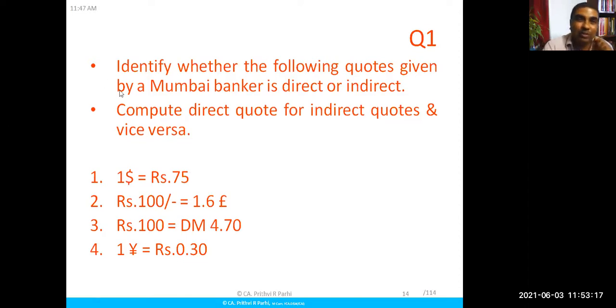Suppose you are going to the market and asking a potato seller what the per kilo price of potato is. Somebody is saying it is 20 rupees, somebody is saying 5 kilos for 100 rupees. You cannot insist on that. That is his style. Someone is saying 10 rupees per half kilo.